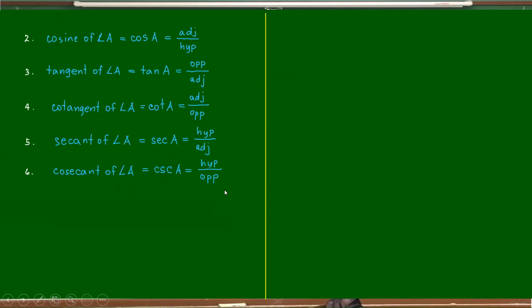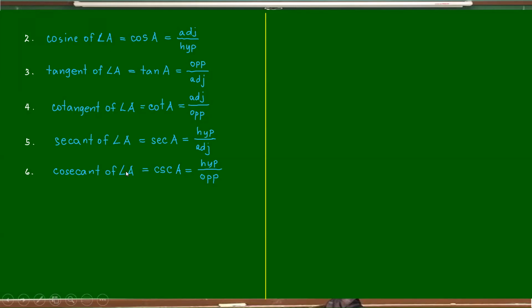You have to be familiar, and as much as possible, of course, you have to memorize these 6 trigonometric functions, because even if we go to another approach, that is the Cartesian plane approach and the unit circle approach, giving circular functions, it is still the same names of functions we're going to use.